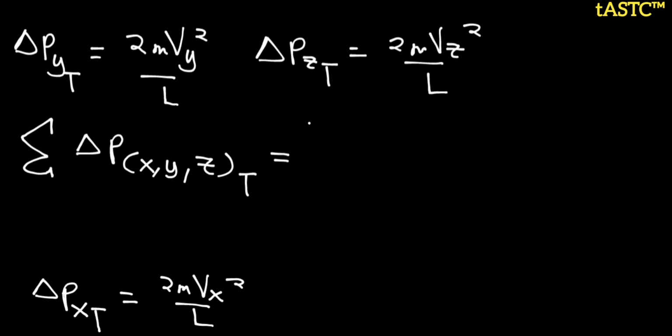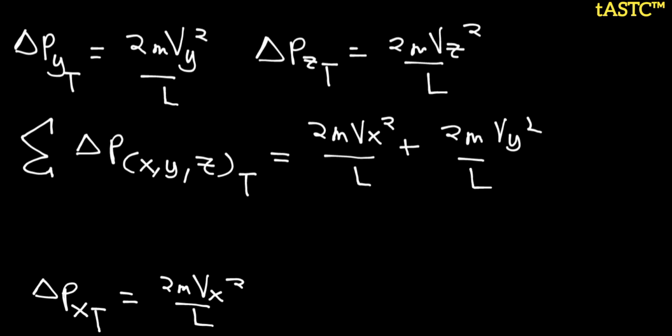So that is going to be 2m vx squared divided by L plus 2m vy squared divided by L plus 2m vz squared, and this is divided by L.